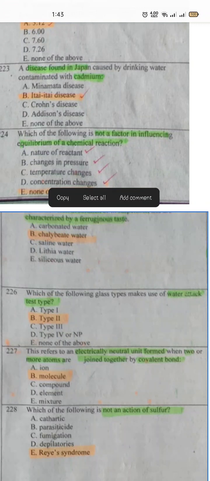Your lithia water, from the word lithia, it contains lithium in the form of carbonate or chloride. So, the presence of lithium in the form of carbonate or chloride. Saline water, sometimes they are called as the purgative waters.